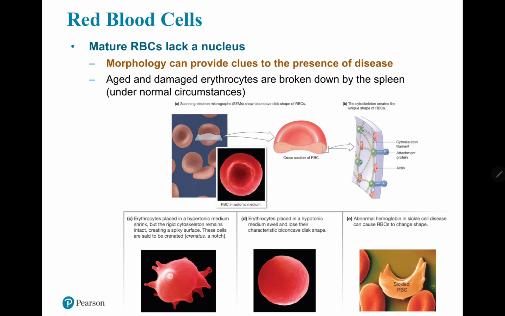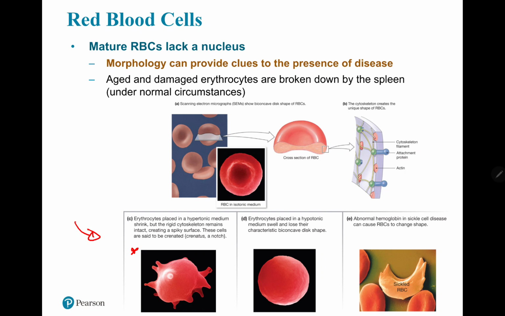So when it's damaged, right? And see here, down here, this image right here, you can see an erythrocyte or a red blood cell placed in different solutions, different mediums, right? So this first one, an erythrocyte is going to be placed in a hypertonic solution. However, that rigid cytoskeleton remains intact, creating the spiky appearance.